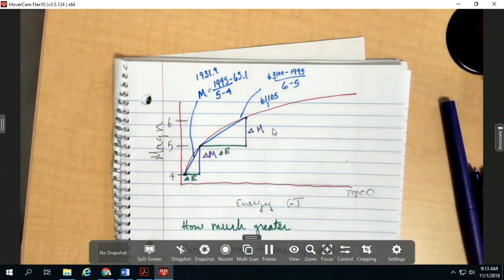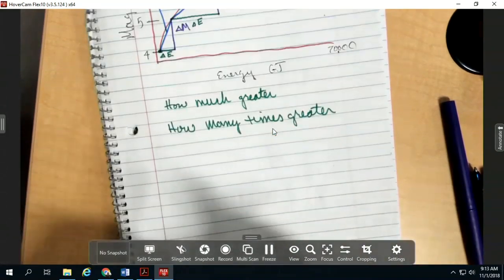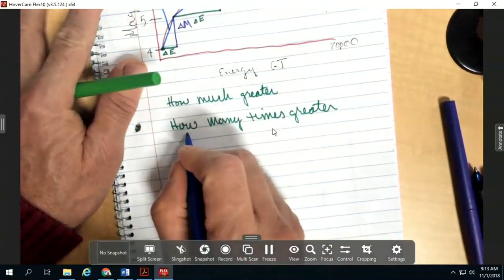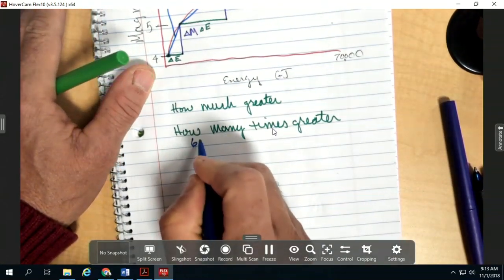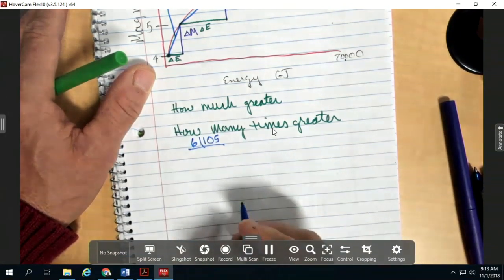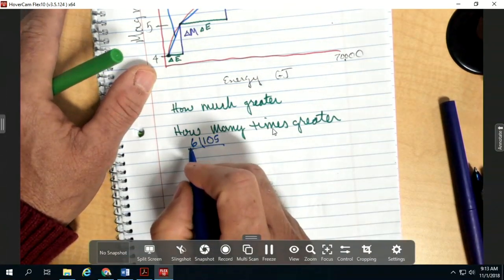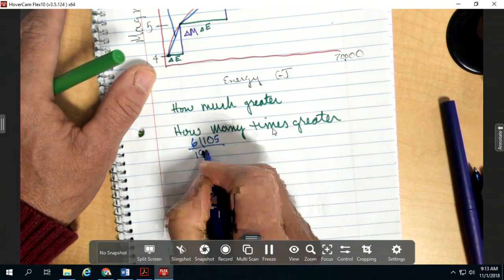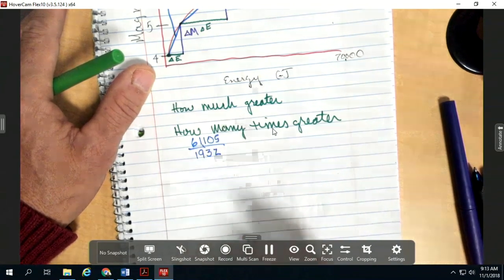61,105. So, if you are going to do how many times greater on your calculator, you will press the second one, 61,105, divided by the first one, 1932, let's say.